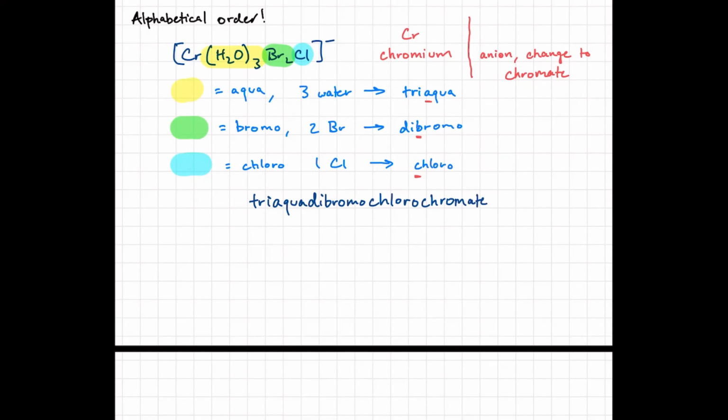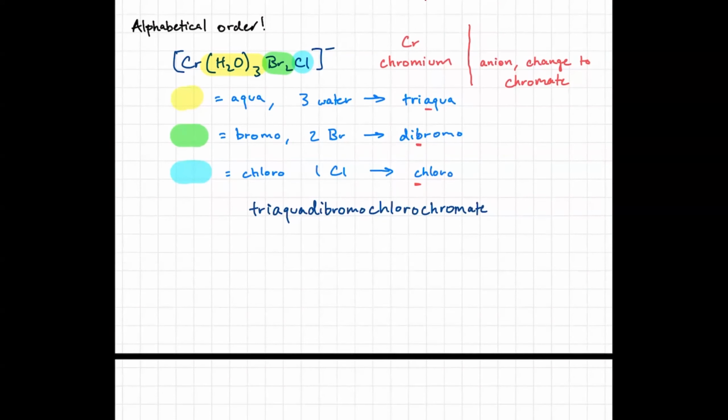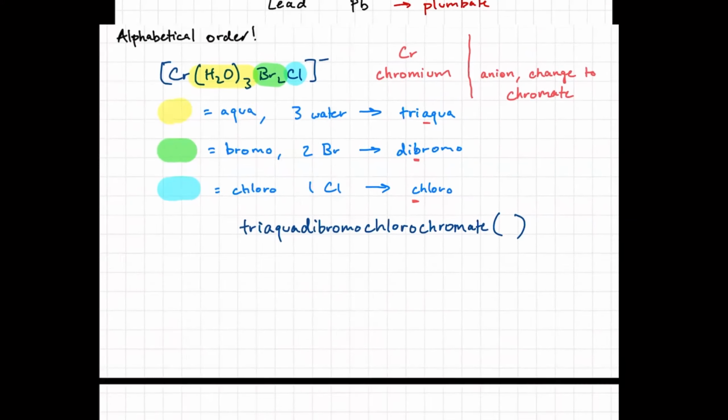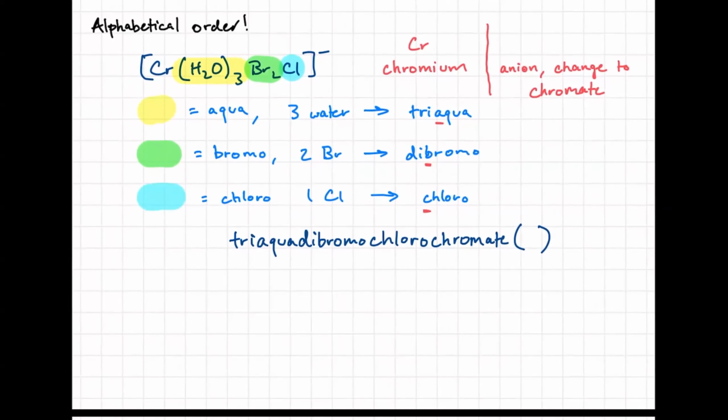And then now comes the oxidation state. Don't forget your oxidation state. And just very quickly, water is 0. Bromine is -1 each, right? And so is chlorine. Chlorine's also -1. So overall, this contributes -3.